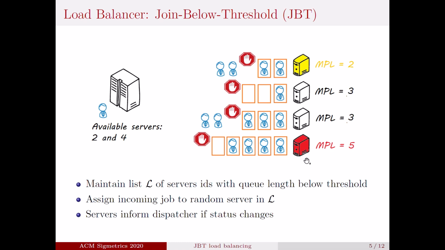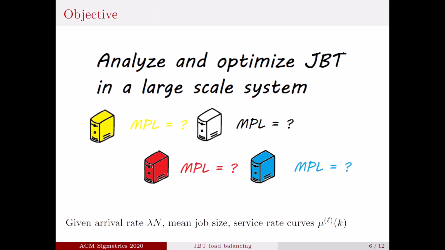This means of course that all the servers have to inform the dispatcher from time to time whenever their queue length either reaches the threshold value or drops below the threshold value. So the main objective of this talk and of this paper is to analyze and optimize the JBT policy in a large scale regime, when we have many servers.